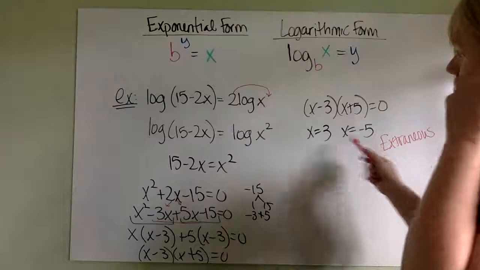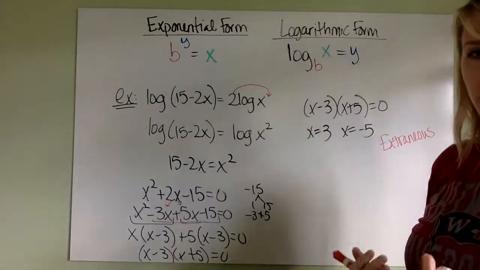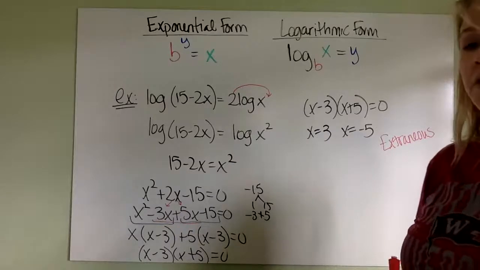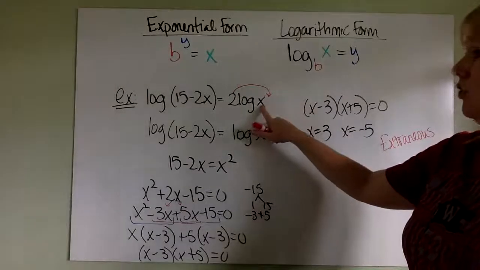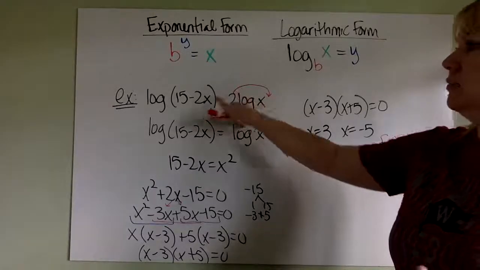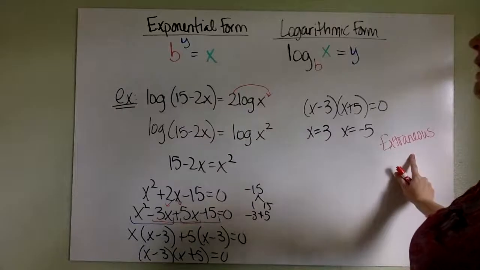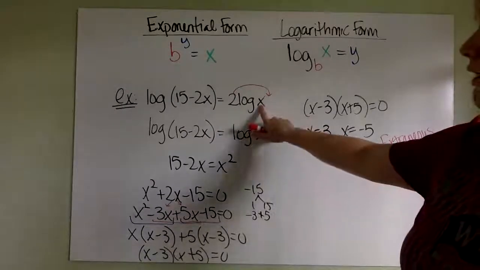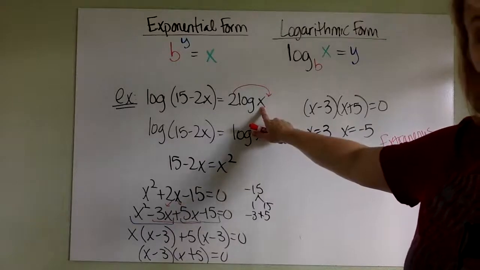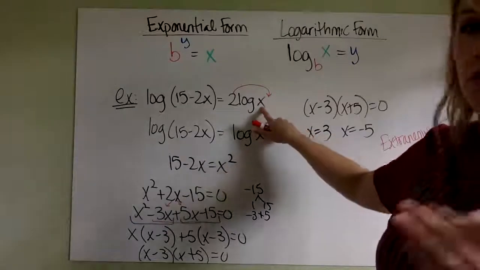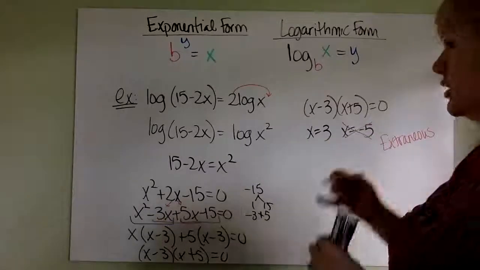We cannot take the log of 0 and we cannot take the log of a negative value. It's undefined. So anything that causes 0 or a negative number when it's plugged back into the original equation would be considered extraneous. If I plug negative 5 in right here, I have 2 times the log of negative 5. That's undefined, you can't calculate it. So this is considered extraneous.